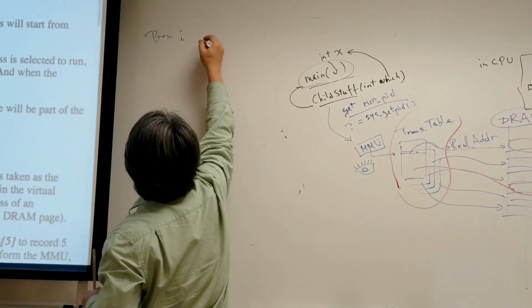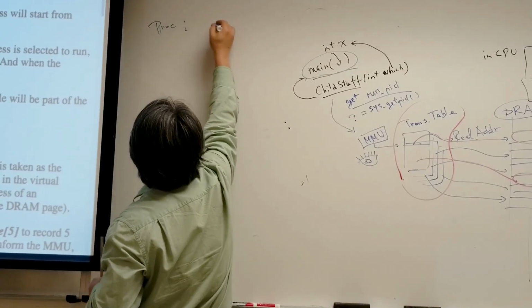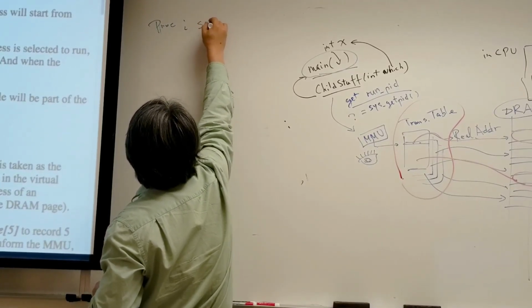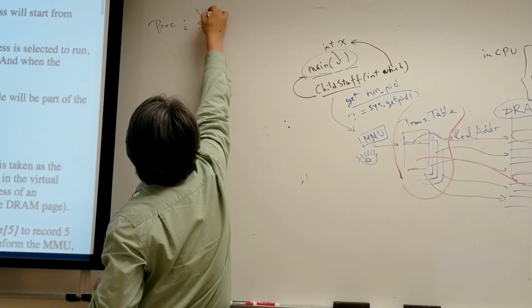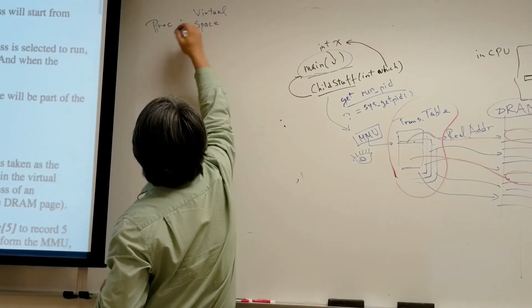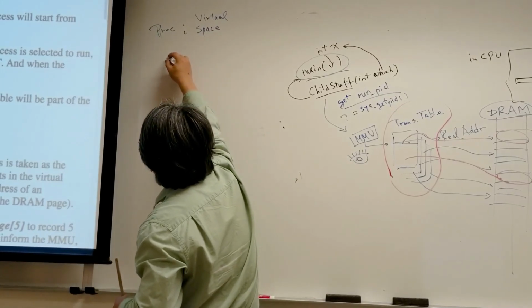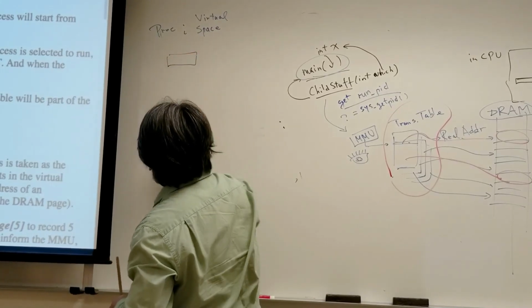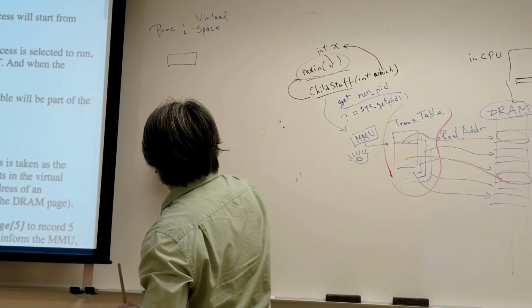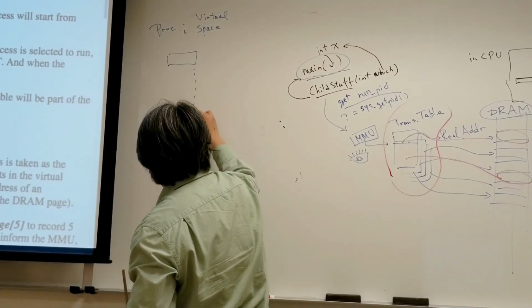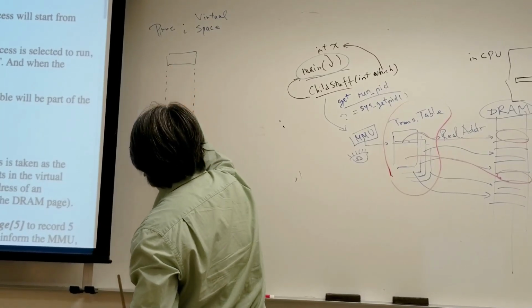So a process is created, and then the virtual space. Sometimes we say that's a virtual process. We're going to do the beginning like this.